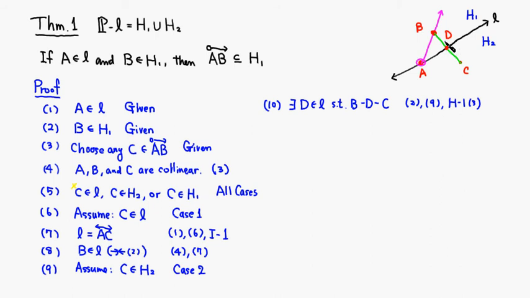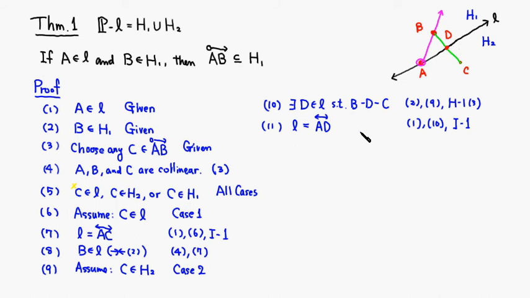Since D is in L and A is also in L, we know that line 11: L is the same thing as line AD. I'm just using line number 1 and line number 10 along with I1, because 2 points determine a line.